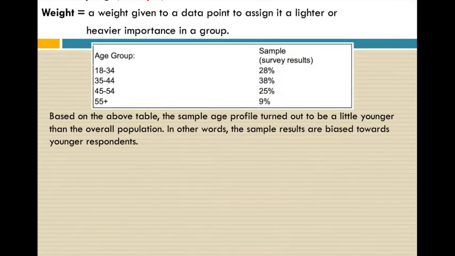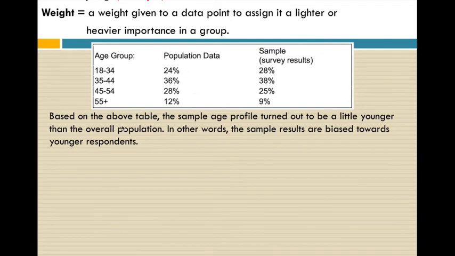Take a look at this example here. Say a person surveys some age groups of people, and here is the result. Okay. So age group 18 to 34 years old, the sample result is 28%. Age group 35 to 44 years old, the survey result is 38%, and so on and so forth. But this is actually the population, right?